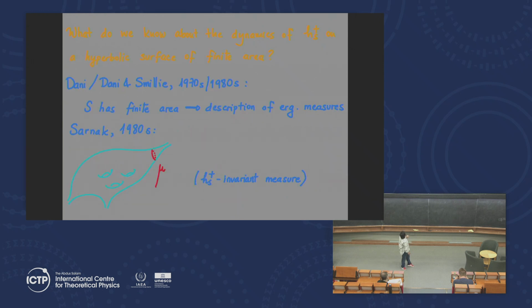And then we have this theorem by Peter Sarnak, which will also be very important for us today. You have to think of the unit tangent bundle to the surface, which is the phase space for the horocycle flow, and then you have a closed horocycle orbit and the associated ergodic measure mu.